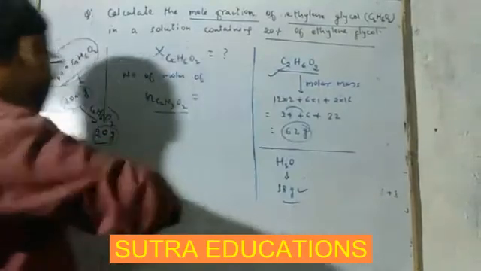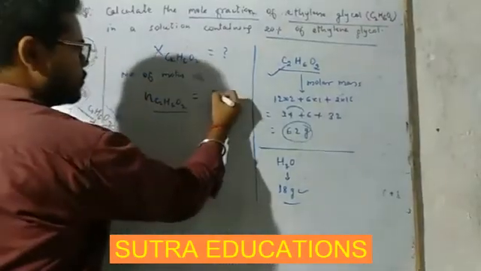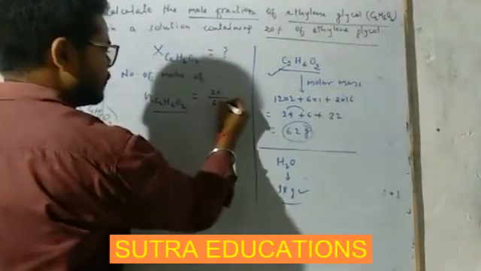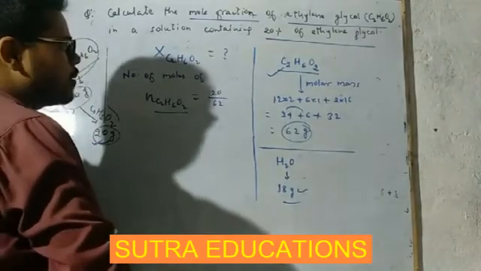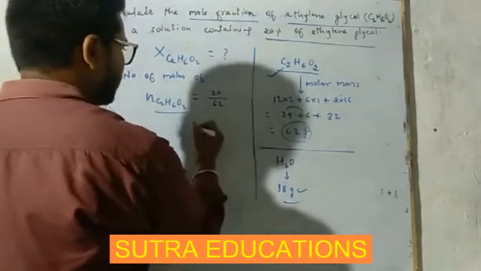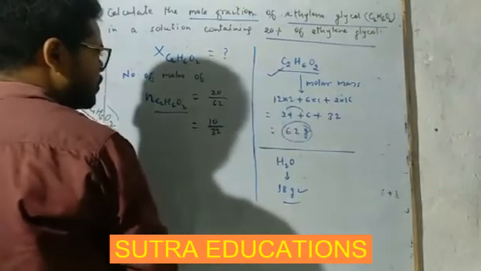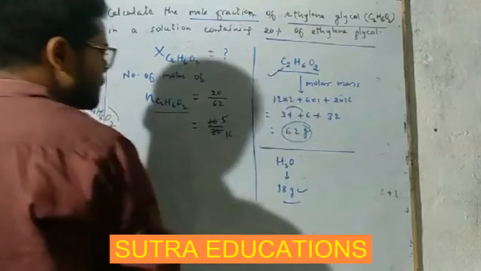So mass here is 20 gram, and molar mass we have calculated 62 gram. So 20 upon 62 means 10 by 31, about 5 by 16.